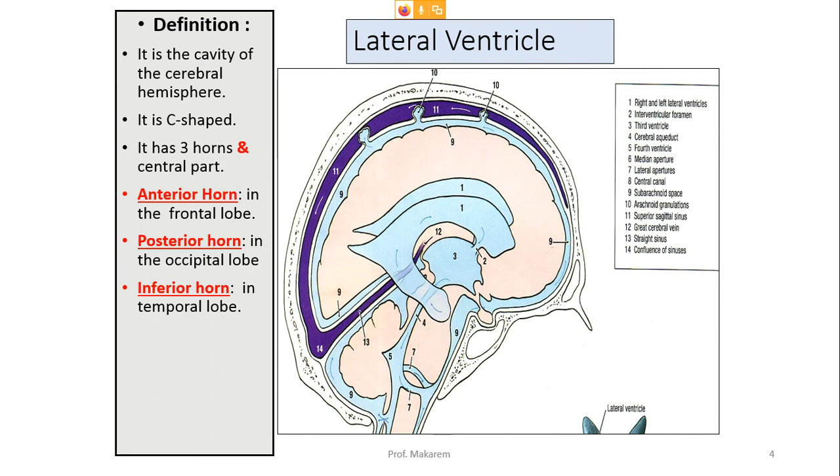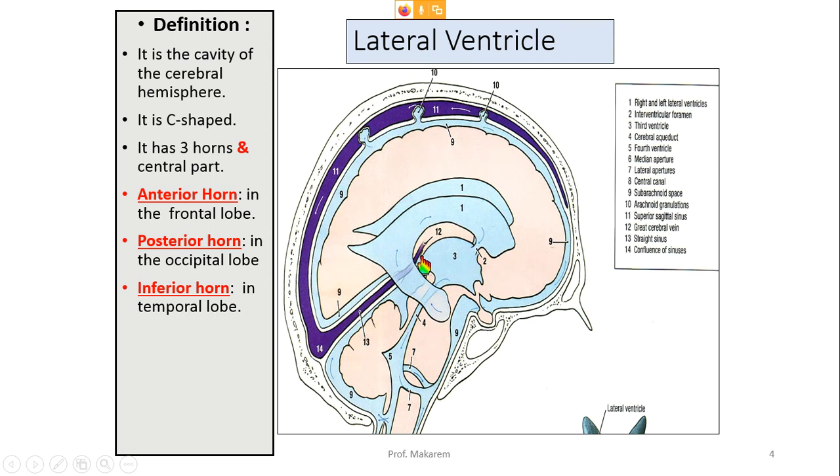The inferior horn is the largest of the three horns. It begins where the central body and the posterior horn meet. It is an elongated one when you compare it with the posterior and anterior horns.